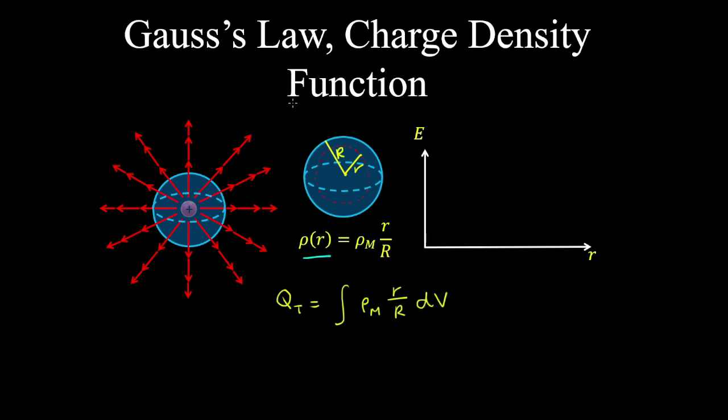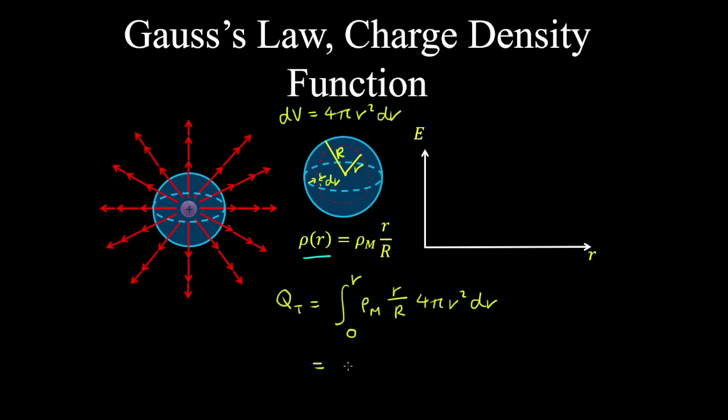So we can write the differential volume of this spherical shell, which has an infinitesimal thickness in the radial direction, as the surface area of the shell by its thickness. And then we're going to integrate this from naught to r.